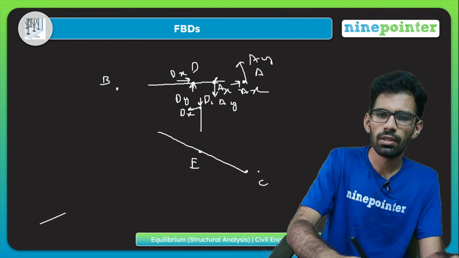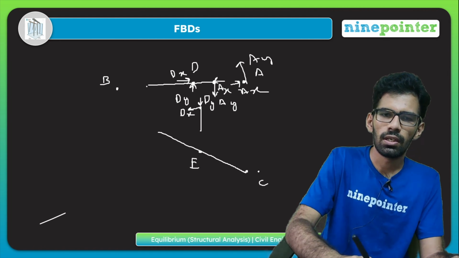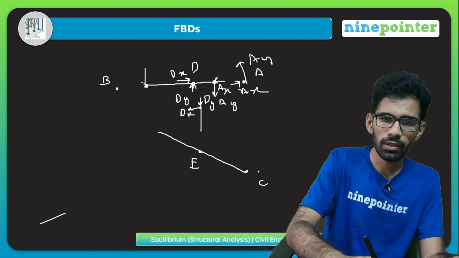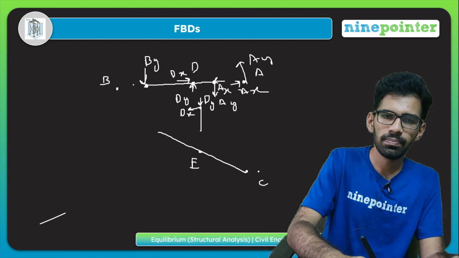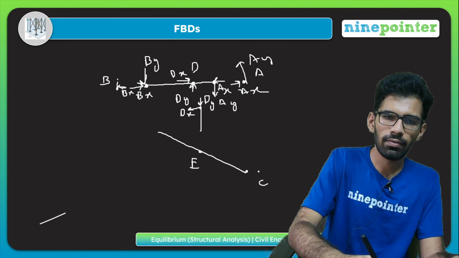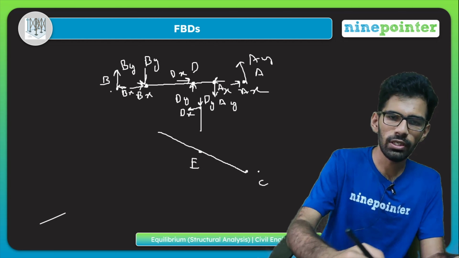Now this point B, B is a pin support, then we have BY, we have a BX here, and we have a BY here, equal and opposite on all the points. These are joints and these are supports.